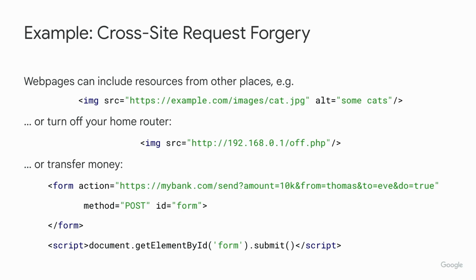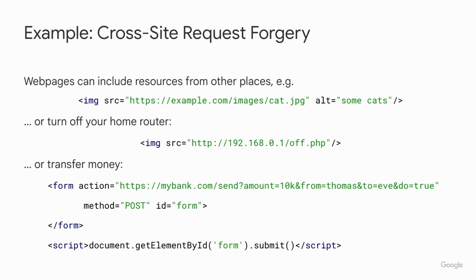fetch any resource from a different domain, different location. In the first example, we are including a JPEG, an image of a cat, hopefully, from an example.com domain. Looks pretty good.